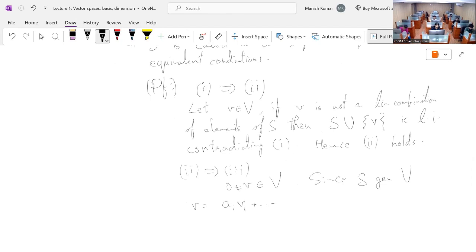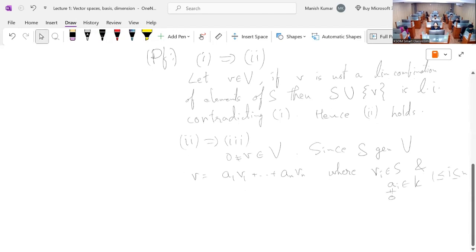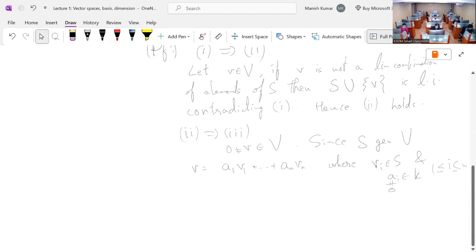And of course, you can omit things which have zero coefficient, yeah? Where the vi's are in S and the ai's are in the field K for i between 1 and n, and ai is non-zero. Yeah. So this is clear by generation.